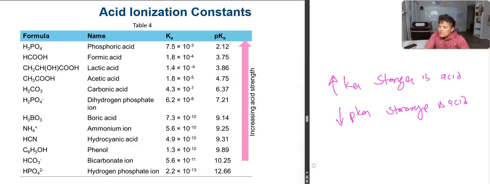It's not a strong acid, but it is the strongest in this list, with pKa 2.12. So the smaller the pKa, the stronger the acid. We understand that from this, because the more Ka, the stronger the acid, and pKa is the negative of the logarithm, so of course the smaller pKa means stronger.